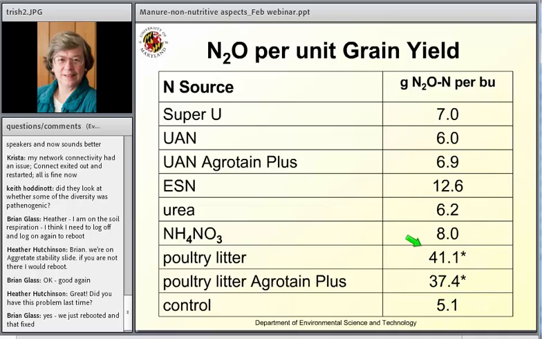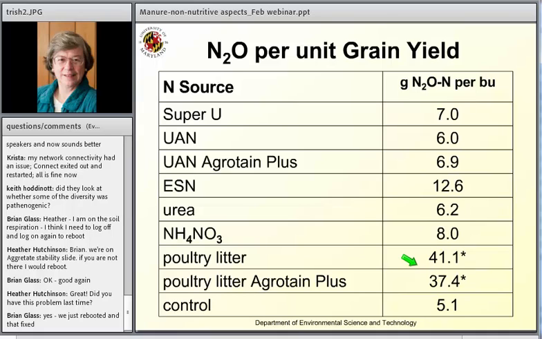But the amount of nitrogen given off as the greenhouse gas nitrous oxide per bushel for the litters, regardless of whether the litter was treated with a nitrification and urease inhibitor or not, is substantially higher. And the 2 arrows mean that they were significantly higher than all the other treatments. From a statistical point of view, those other treatments, both the control and the inorganic nitrogen ones, with or without enhancing products, were not significantly different.